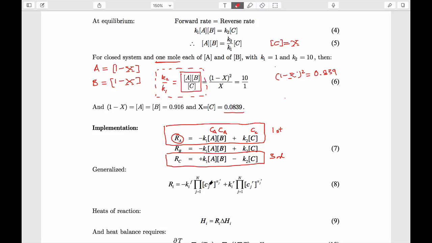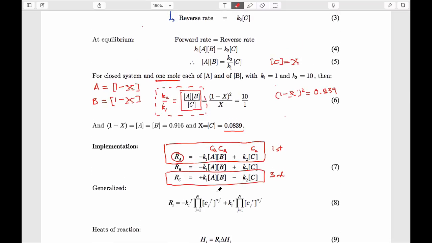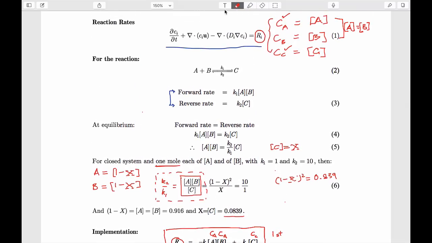So that's it. And so if you look at writing that out, when you have multiple components of this, it's just this product term, but that's basically what we're attempting to do. And so all it does is act as a sink or a source that removes material from one conservation equation into the other, and works that way.